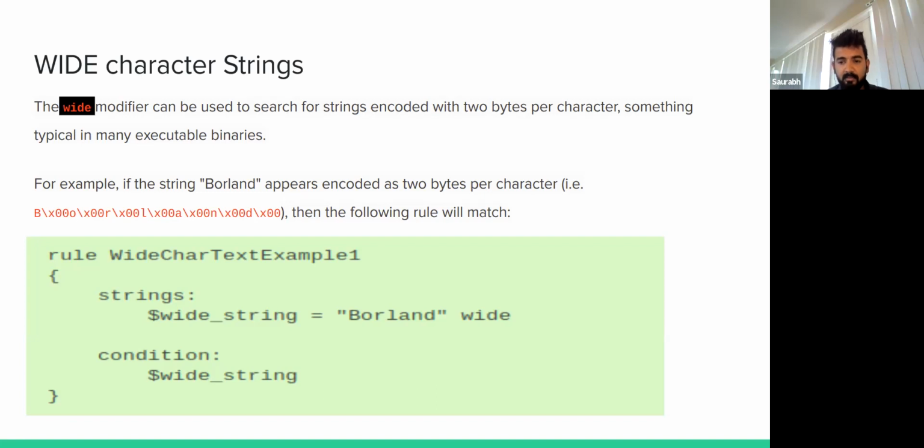For example, the string Poland appears encoded as 2 bytes per character, and this is how it's going to be shown. But you don't have to write this whole thing. If you see a wide character string, you can just denote it as wide after you supply Yara with the string. So writing wide will solve your problem.